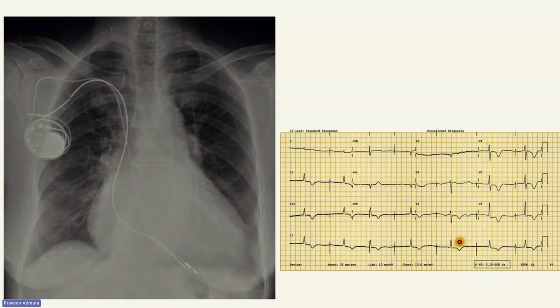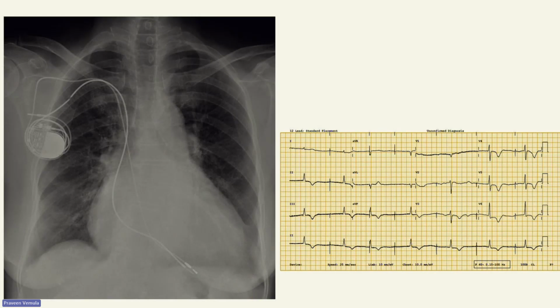First see the ECG, then see the X-ray. The basic problem. So what does the ECG show first? ECG shows T-inversion in the lateral leads.